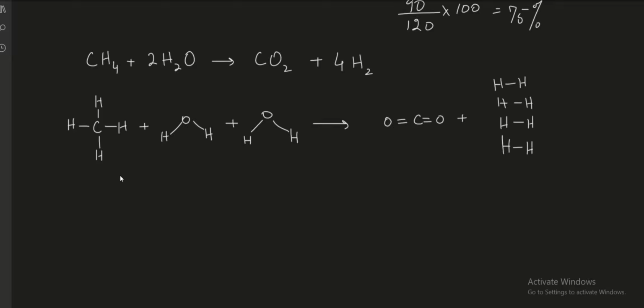Now from the table that is given in the paper, the bond energy of CH is 435. Over here 4 bonds are breaking, so we have to multiply it with 4, and over here 2 bonds of this water molecule, 2 bonds of the other water molecule, that makes 4 bonds. 4 bonds are breaking, so multiply the bond energy of OH bond, which is 463 given in the table, with 4.